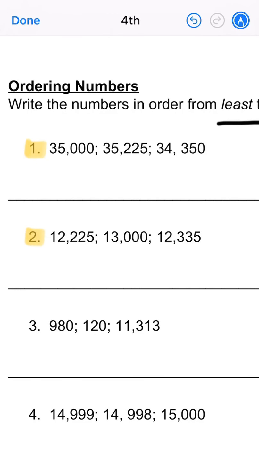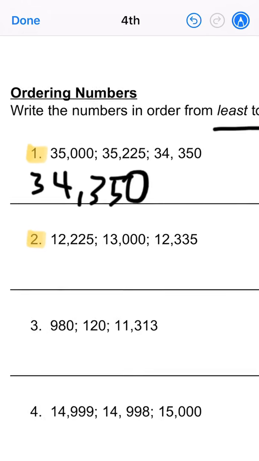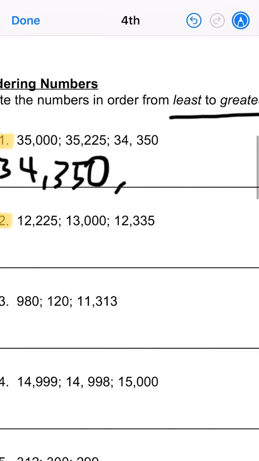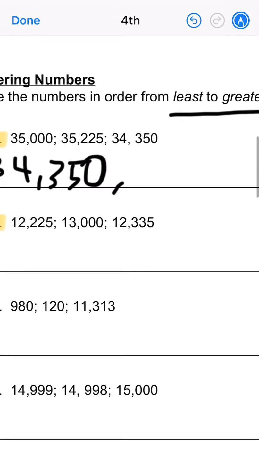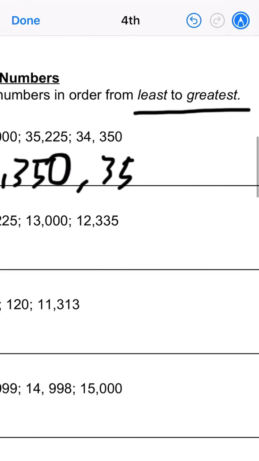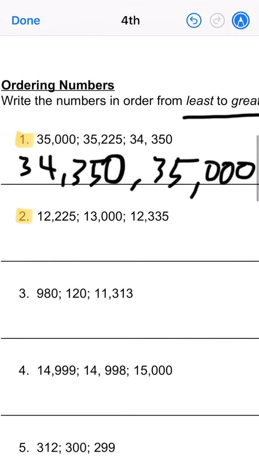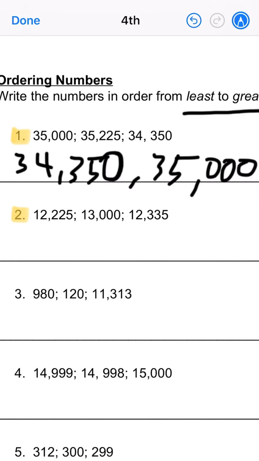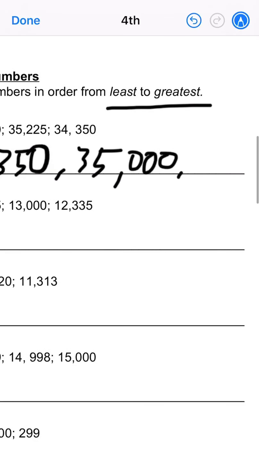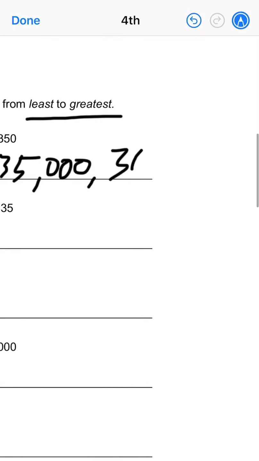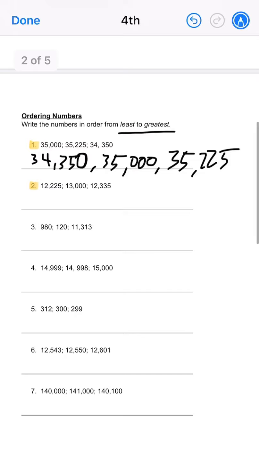The smallest number is 34,350. The next smallest number is 3,500. And the final number, which is the biggest, is 35,225. So these are your three numbers.